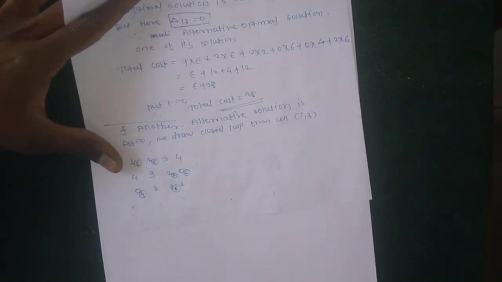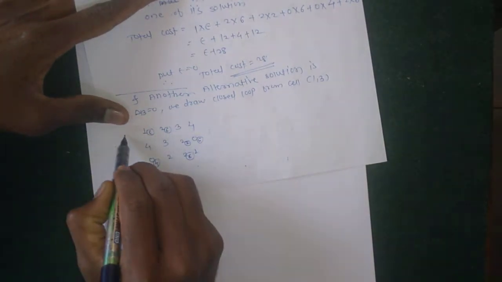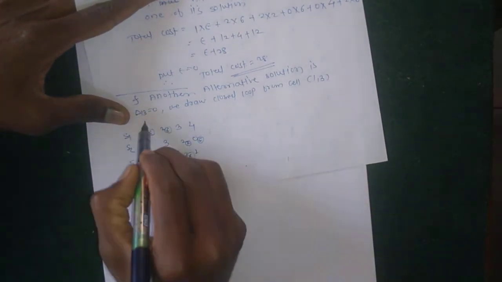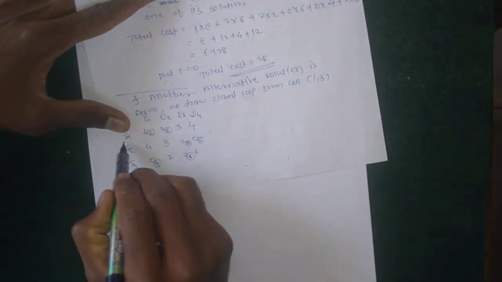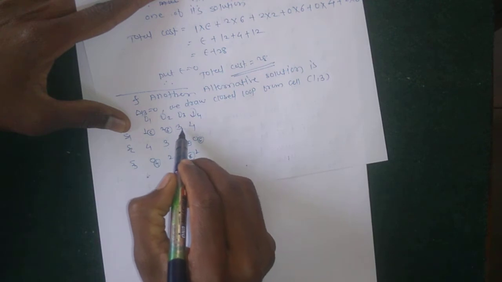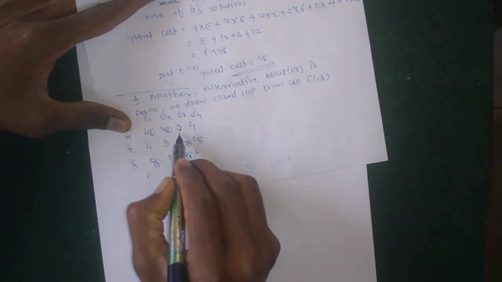So the closed loop from cell 1 3 is in the first row, second, third column. We start here and draw the closed loop in this way.